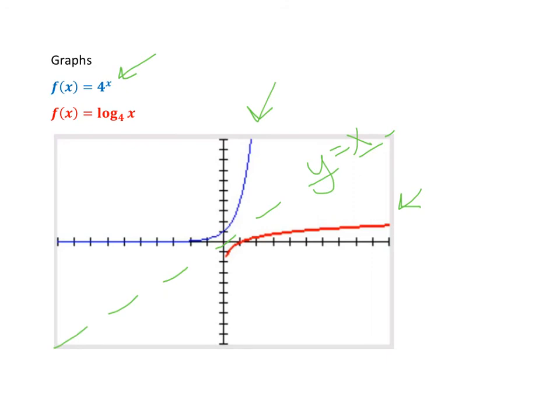So if I'm talking about the log function, the asymptote that was right here is now flipped to here. Now I have a vertical asymptote of x equals 0. So on an exponential, I had a horizontal asymptote of y equals 0. But on a log function, vertical asymptote x equals 0.